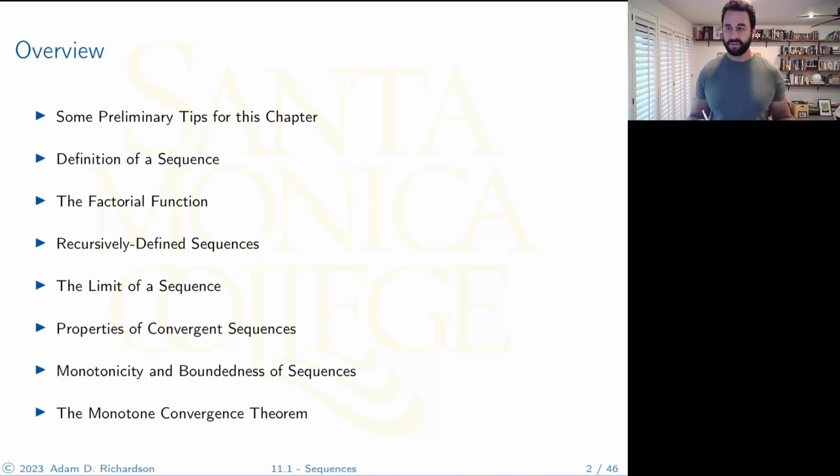We'll talk about recursively defined sequences briefly. Then we get to this stuff, and this is really where the calculus portion comes in: limits of sequences, properties of convergent sequences, monotonicity and boundedness, and then this really important theorem to top it all off called the monotone convergence theorem. So this is the calculus portion, so that's what we're trying to get to.